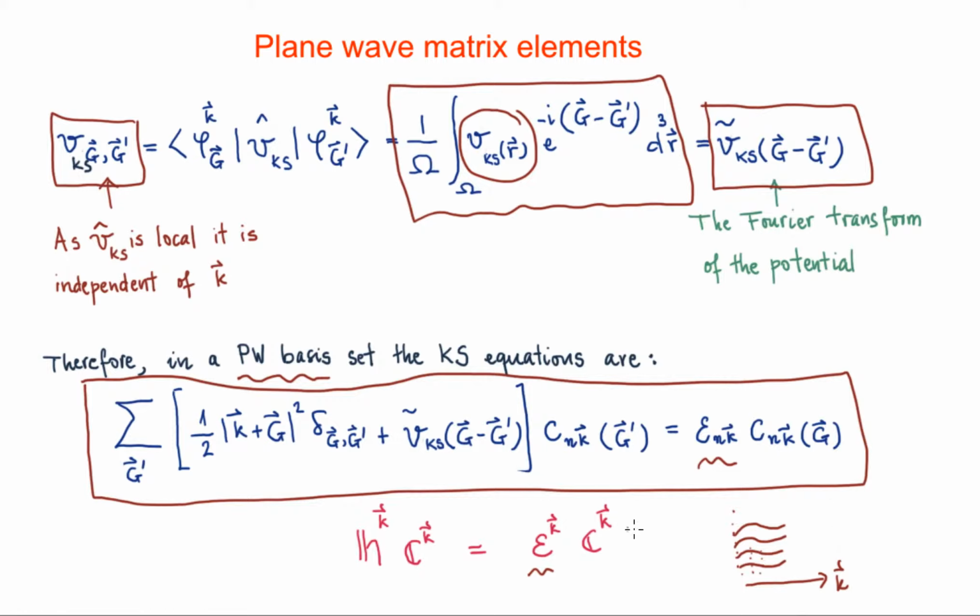In order to get that, again, what we have to do is solve that eigenvalue and eigenvector problem. Of course, we do have a problem here, in the sense that the dimension of the matrix is infinite, because we have an infinite number of G vectors in the reciprocal lattice.